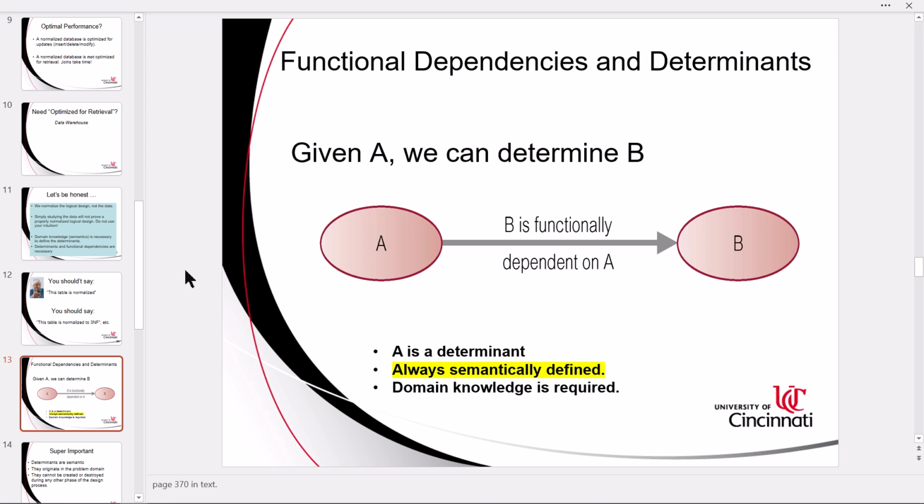Now we are going to say, for our purposes, these FDs come from the problem domain. They are semantically defined. They are a derivative of the problem we're trying to solve. And that means that we don't get to make these up. Somebody gave them to us. You have to know something about the problem you're solving. So the systems analyst, in conjunction with the customer, would work together to define these.